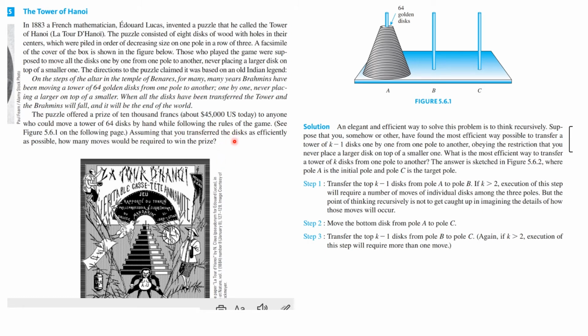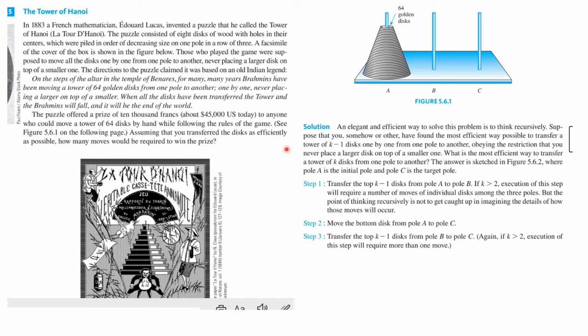Now, assuming that you transferred all the discs as efficiently as possible, how many moves would be required? Now you have to start thinking about this. We have 64 golden discs like this. So here is a solution. An elegant and efficient way to solve this problem is to think recursively.